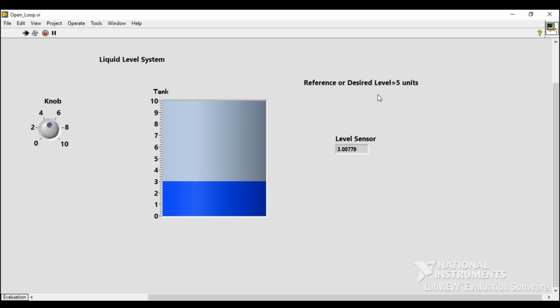So we have a desired level, we are giving some input to the system. Here this tank and knob system is representing our plant, and the actual output is shown by this level sensor.